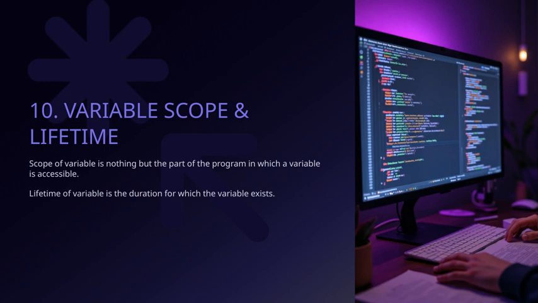It's like asking, how long does this variable stay alive in memory? Understanding these two concepts is fundamental because they directly impact how your variables behave and interact throughout your program. Connecting this to the overall theme, grasping scope and lifetime helps us write more efficient, bug-free code by knowing where and when our variables are available.